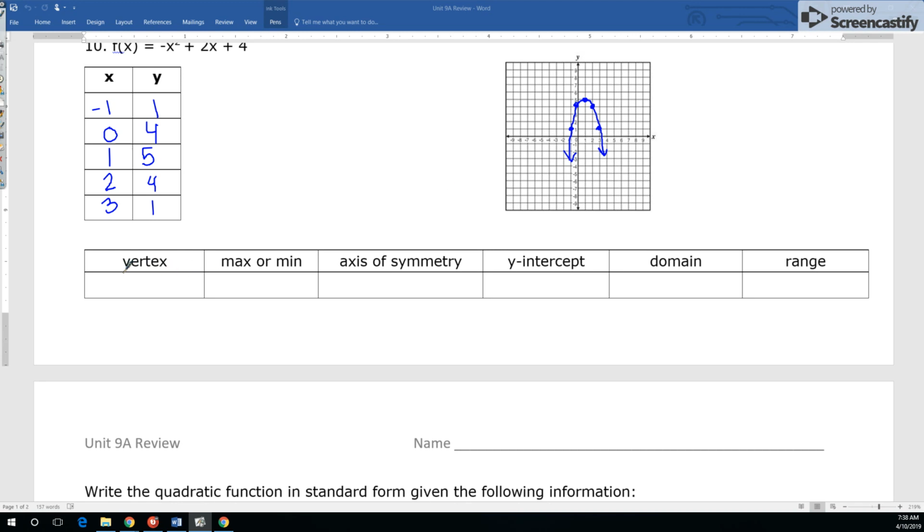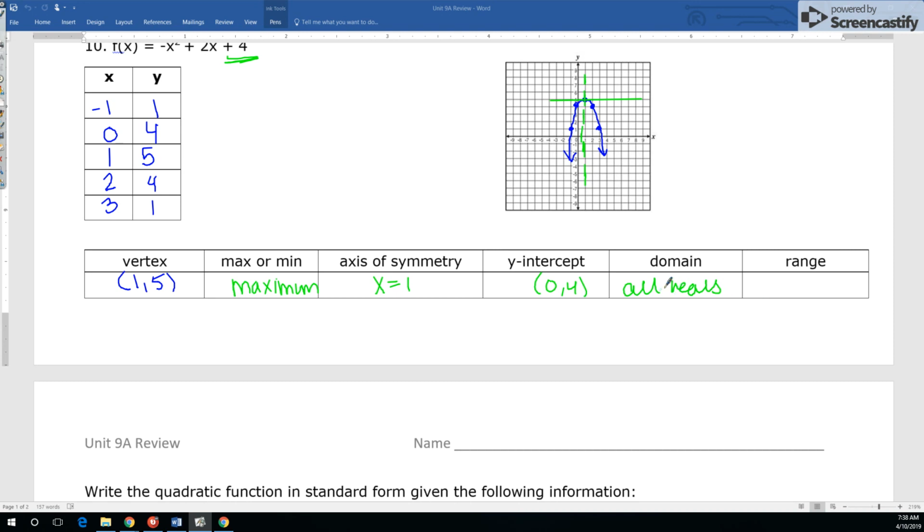All right, so my vertex, 1, 5. My axis of symmetry goes straight down through the vertex, through that x value of 1. My y-intercept I knew was 0, 4. I can find it right there. This is a maximum because it's the highest that my graph goes, is the vertex. The vertex is that highest point. My domain, all reals.